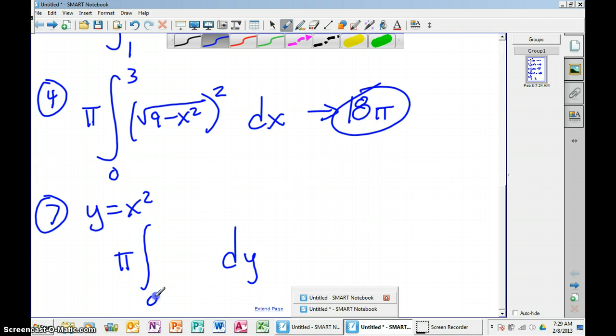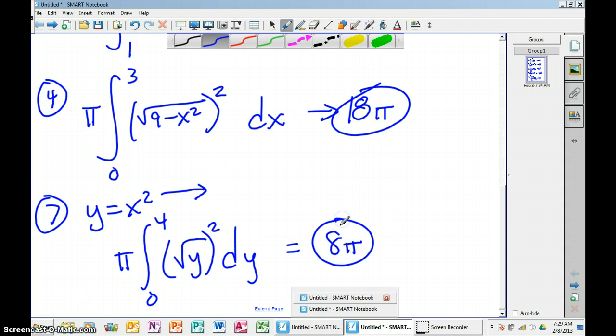The y goes from 0 to 4, but now we have to change this to x equals. So this is just going to be the square root of y, squared. All right, and that turns out to be 8 pi. So the deal is, when you're going to the y-axis, or when your rectangle is like this, we're going dy.